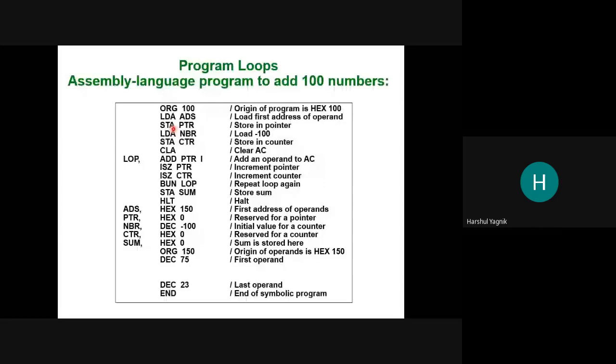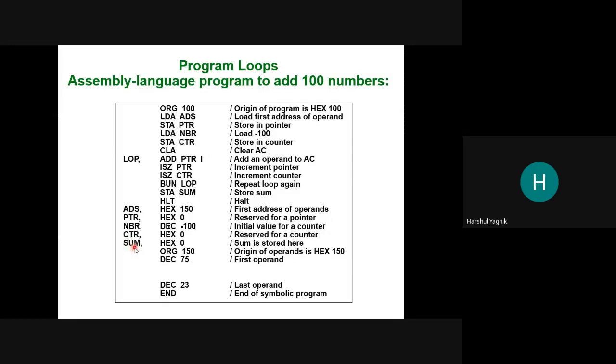Then load accumulator with a number. Now what number? The number is given in the label. Similar thing you are also doing in C-level programming, right? You are defining some constant and giving it some value. Similarly over here, you can see that ADS, PTR, NBR, CTR, SUM are all different labels, and for all these different labels, a number is assigned.